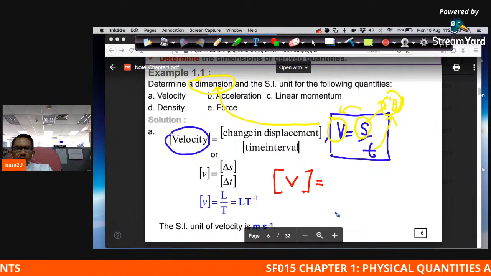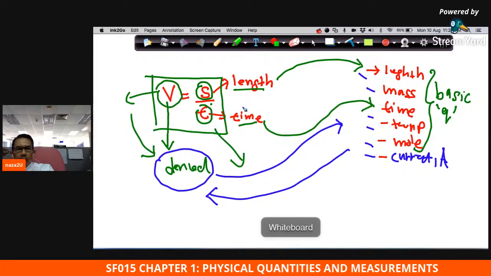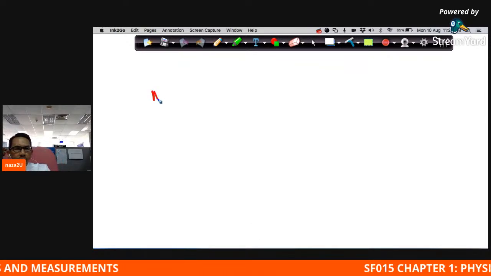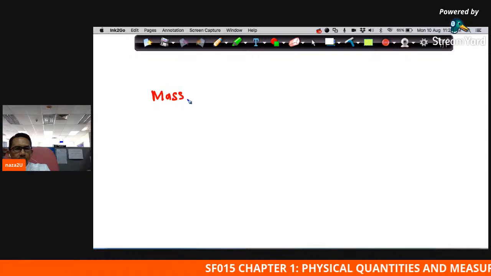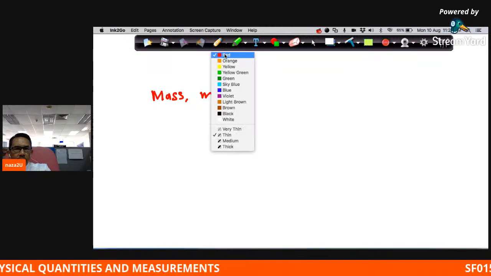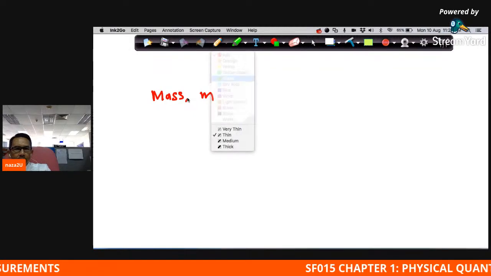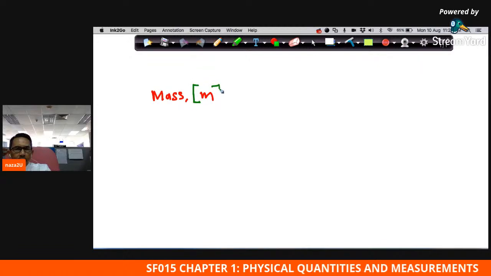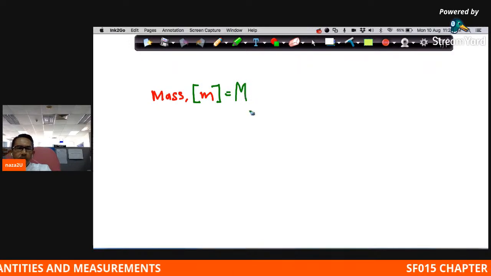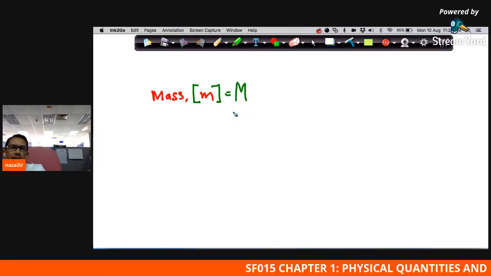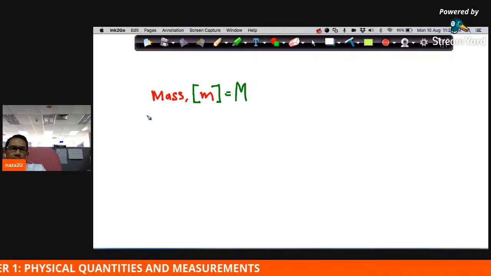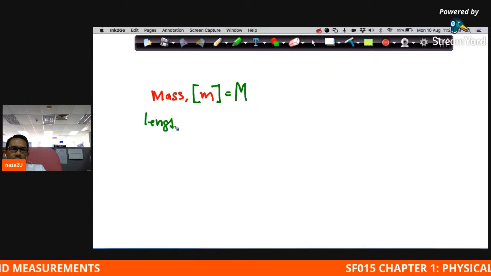So the dimension of velocity: if you look at the basic quantities, the first is mass, m. The dimension for mass is capital M, the big M. This is the symbol of the dimension of mass. And next we have the length, right?